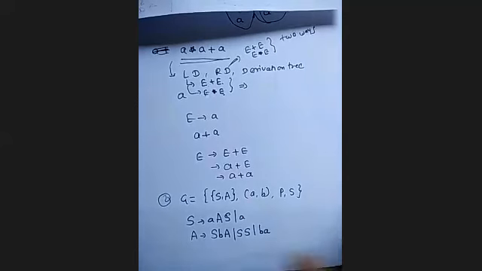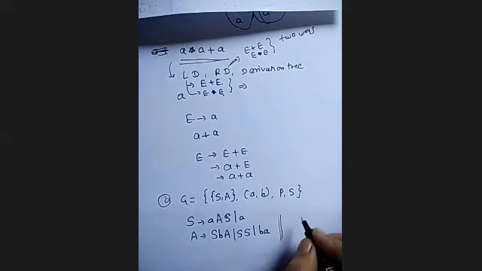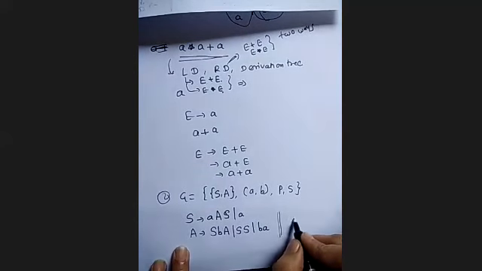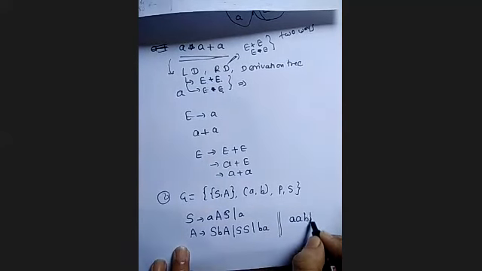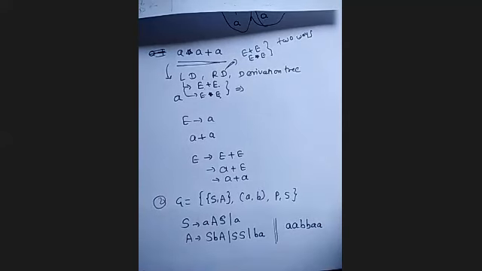The second example now: here you derive the string using leftmost and rightmost derivation, and the string is given, AA, BB, AA. Derive the string using leftmost derivation and the rightmost derivation.